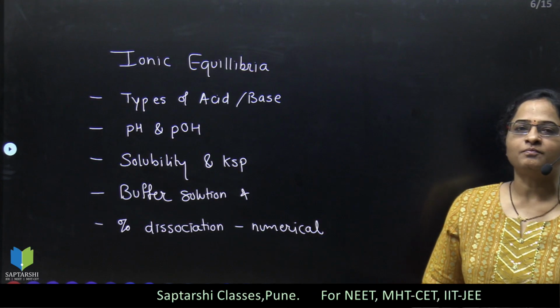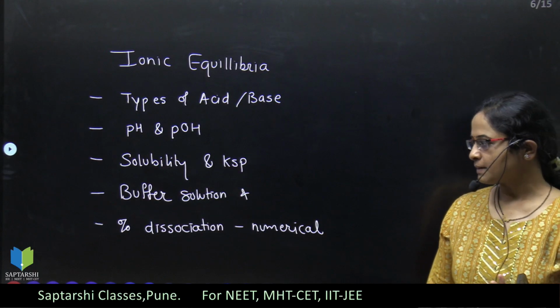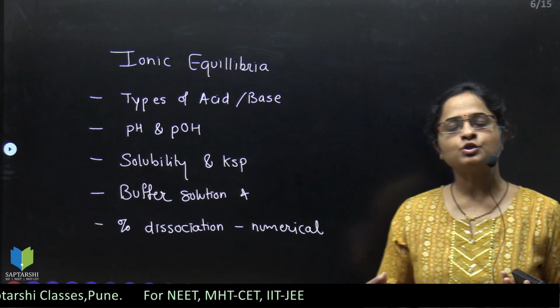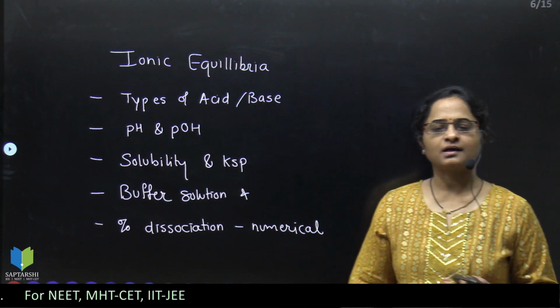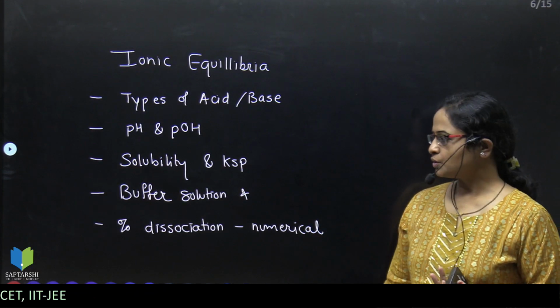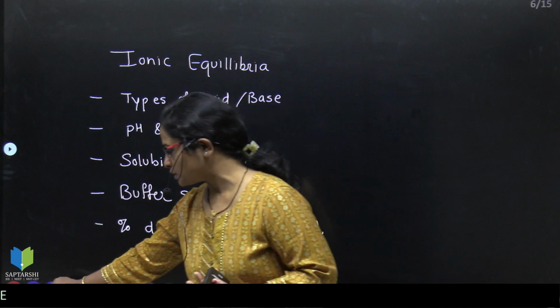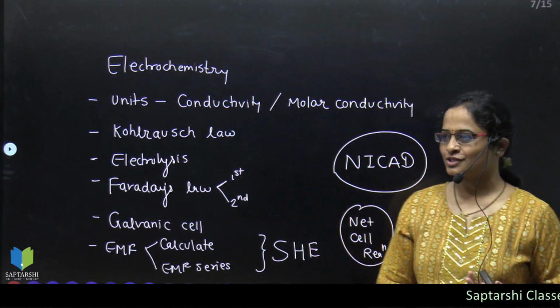Examples of buffer are the common questions asked on this chapter. And lastly, the famous numerical is percentage dissociation, either find K or find alpha, whatever, it means the same. Normally this chapter gives mostly objective questions.